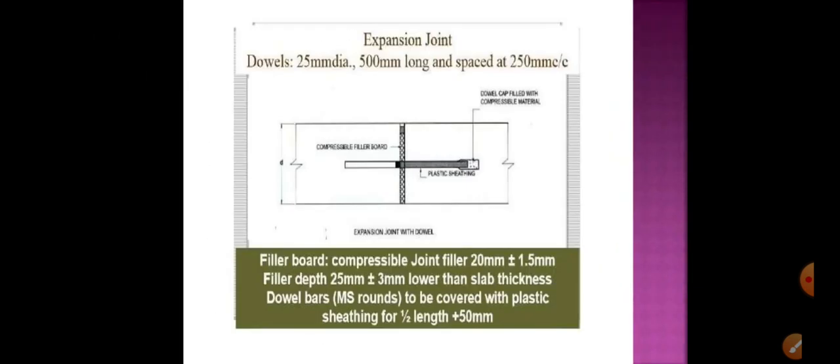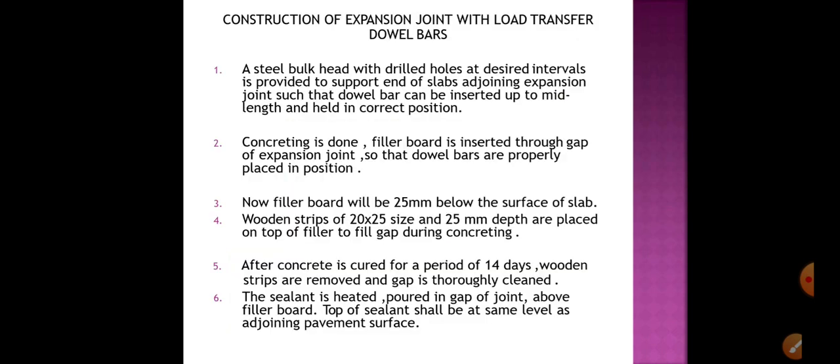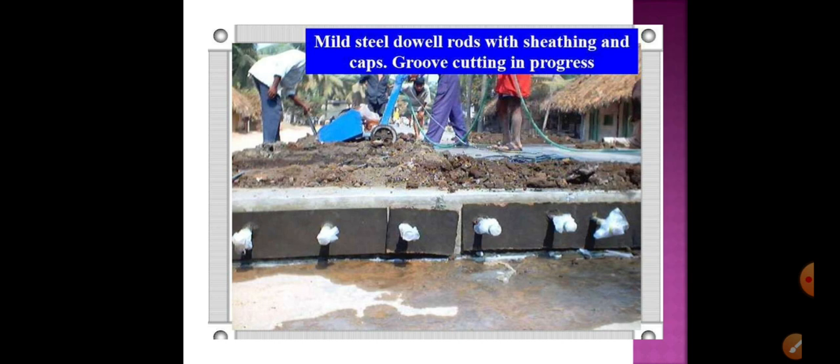These are the dowel bars which are used as expansion bars, and the spacing is 250 mm center to center. In the diagram you can see that these are the dowel bars. In dowel bars, one side is fixed and the other side is allowed to move to and fro.